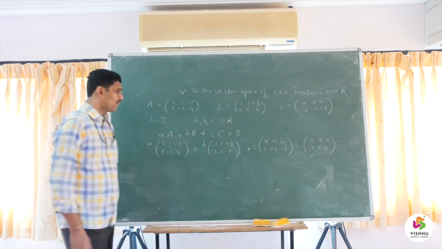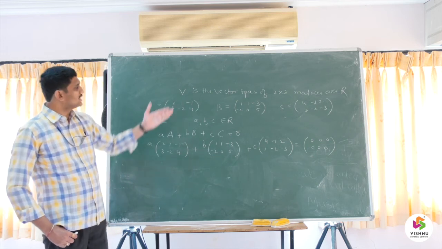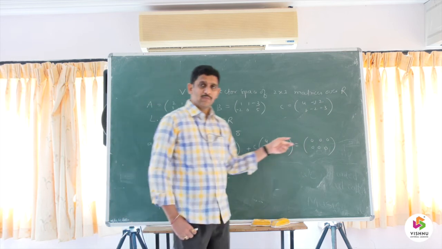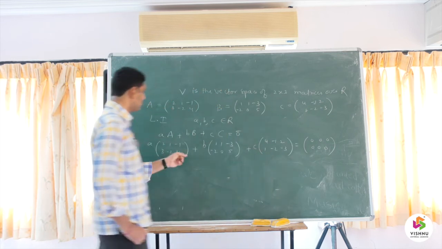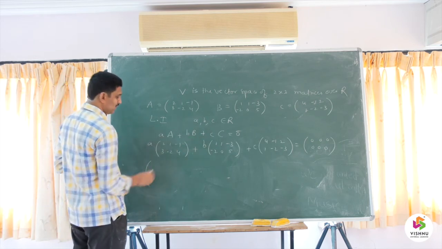Generally, while writing the linear combination, on the right hand side we take the 0 vector. Since the vector space is of 2 by 3 matrices, the 0 vector is nothing but a 2 by 3 zero matrix. Okay. Now if you write the corresponding values, we take all the first values here.